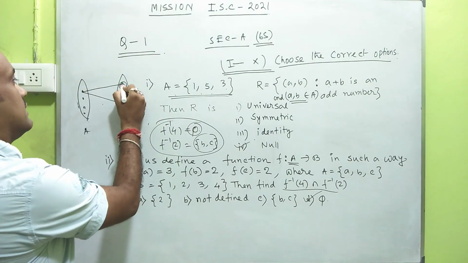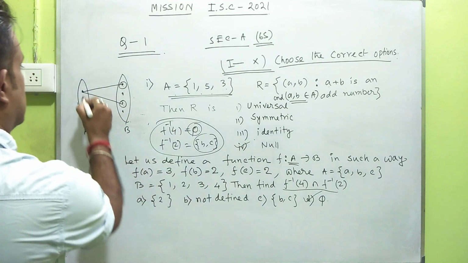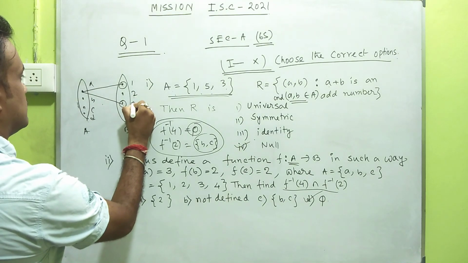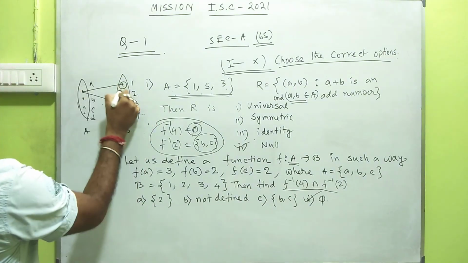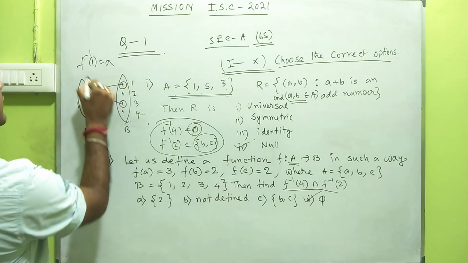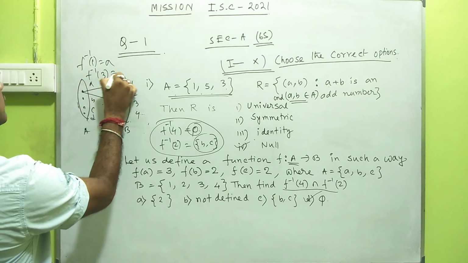Like this, suppose this is a, b, c, d and this is 1, 2, 3, 4. So here we get f inverse of 1 is equal to a and f inverse of 3 is also a.